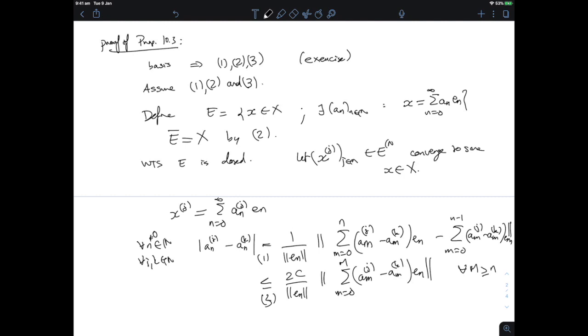Okay, so what does that tell me? Now what I've got is 2c over the norm of En times the norm of xj minus xk. So I can take a limit as capital M goes to infinity of that, and that doesn't increase the norm.